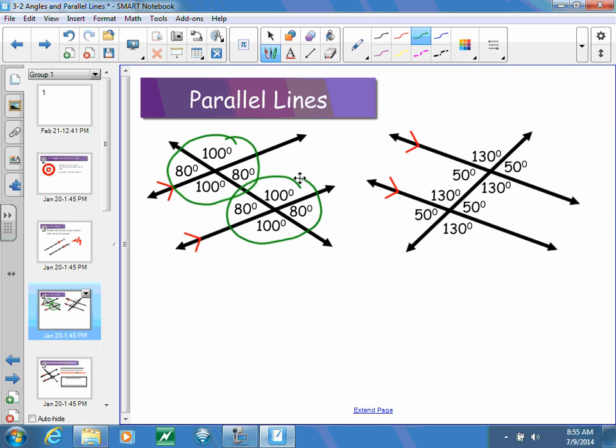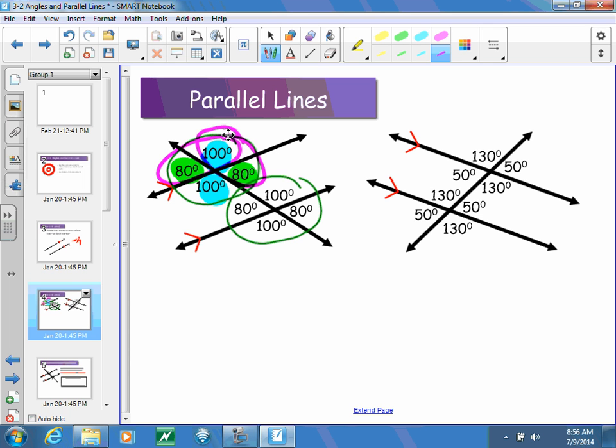We should be able to see vertical angles, and the fact that vertical angles are always going to be congruent to each other. So we've got all of those as we go around this entire diagram. We also have angles that are supplementary to each other, so they have to add up to 180 degrees, and so on. But then start to look at, well, what else is going on?